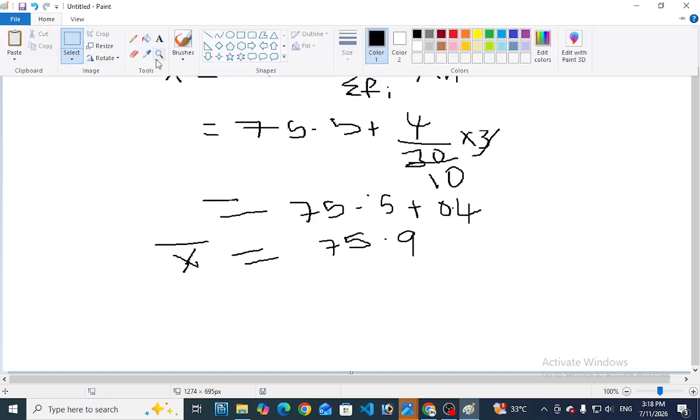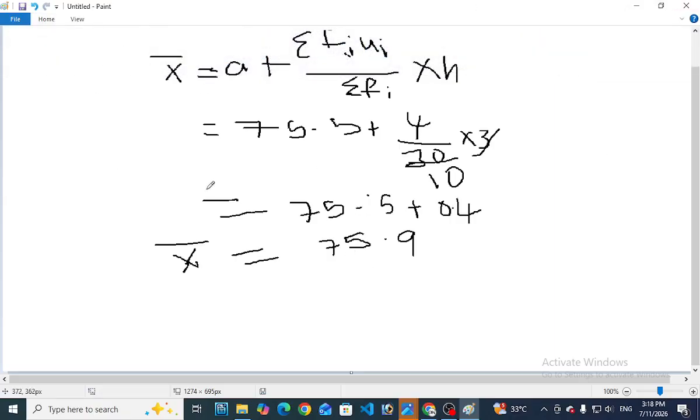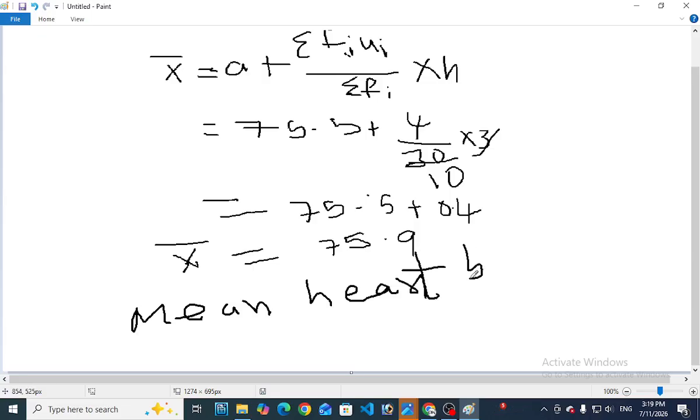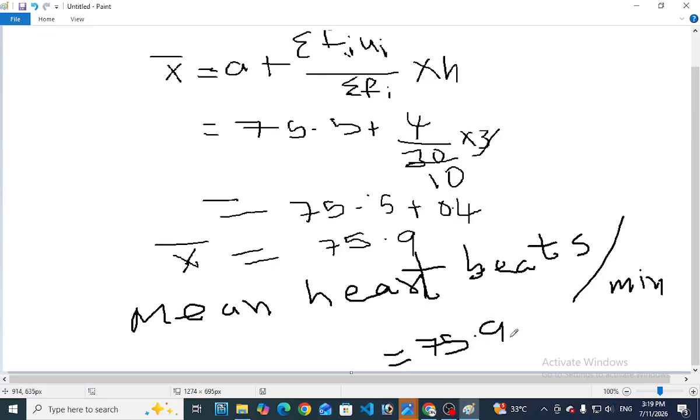That is the mean heartbeats per minute, which is equal to 75.9. That is the solution to the problem: mean heartbeats per minute.